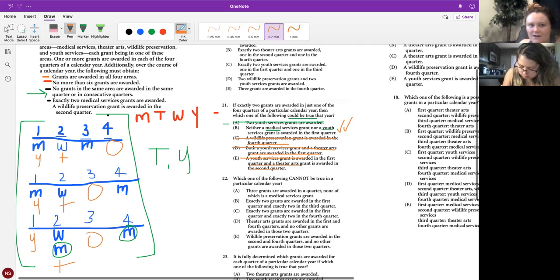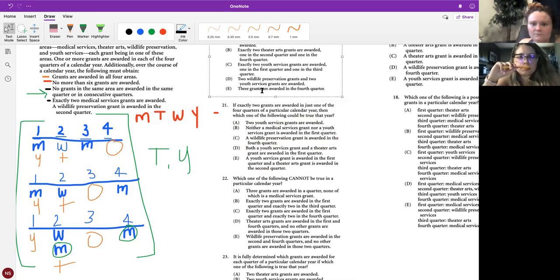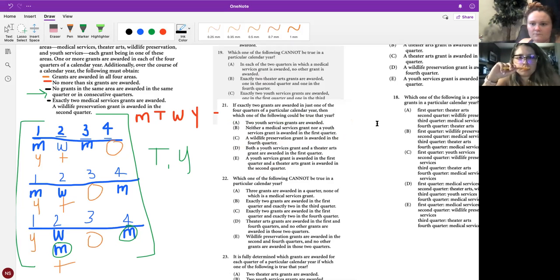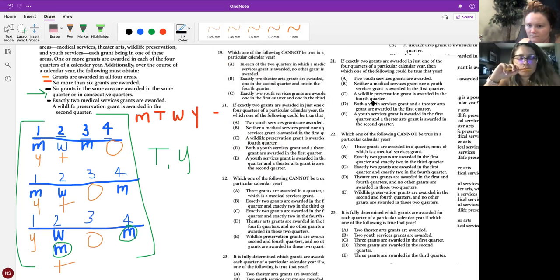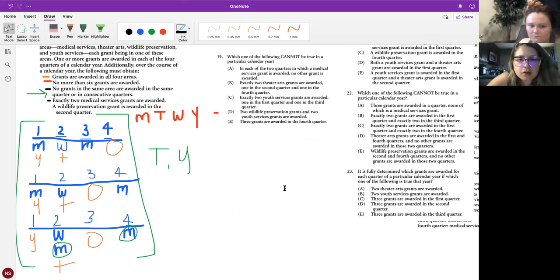All right, so now let's go back up and do number 19. Which of the following cannot be true in the particular calendar year? In each of the 2 quarters in which a medical field service is awarded, no other grant is awarded.